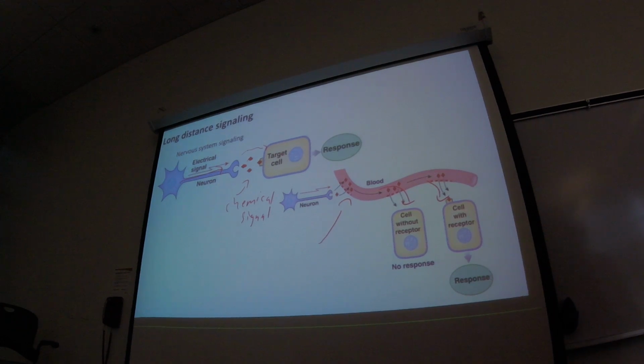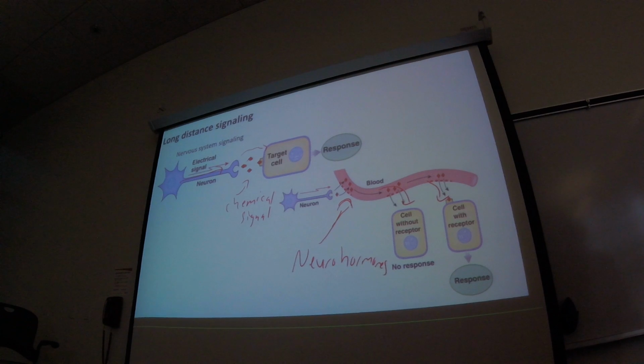So this is a special type of endocrine signaling. We specifically call these signals neurohormones, because they work a lot like hormones produced by a gland, like the pancreas or the pituitary gland, but instead of being created by a gland, they're created by a neuron. That's why we call them neurohormones.